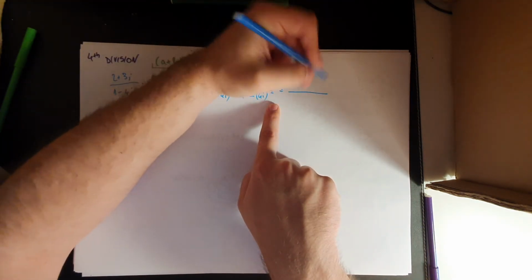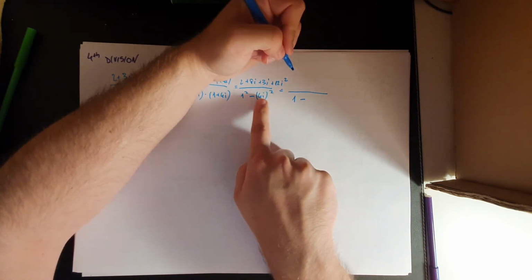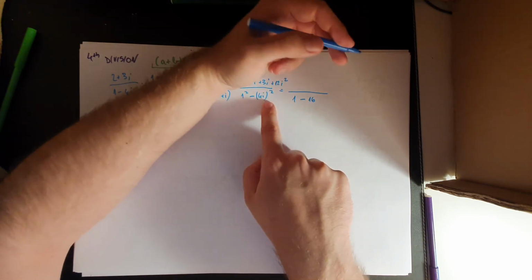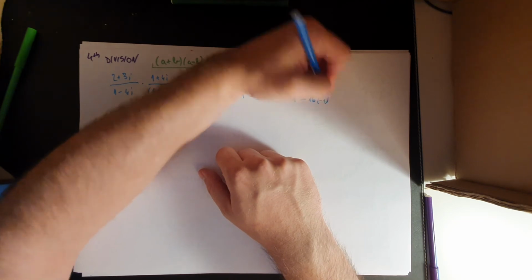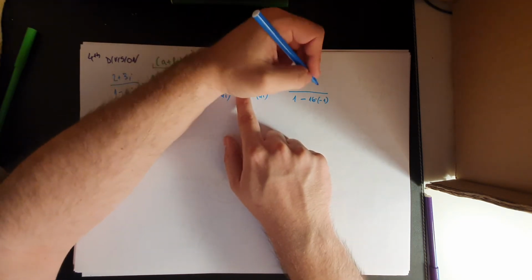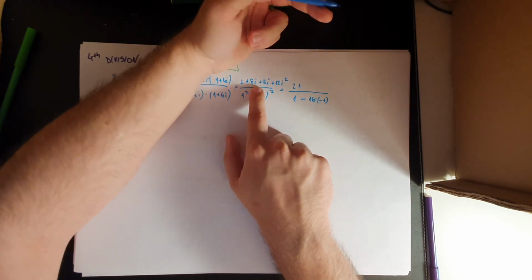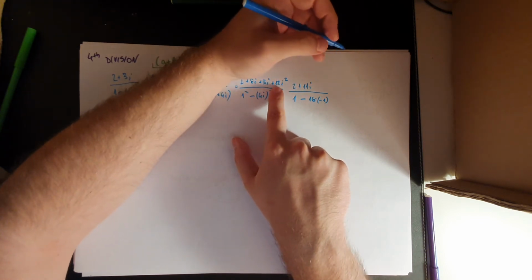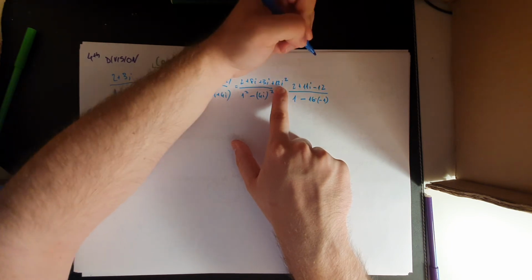Let's start with the denominator. 1 squared is 1, minus the square of 4 is 16, times i squared, which is minus 1. So times minus 1. In the meantime, we have 2 plus 8i plus 3i, altogether 11i, and 12 times minus 1 is minus 12.